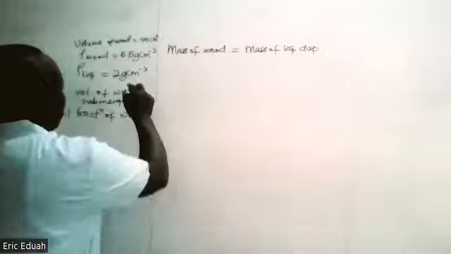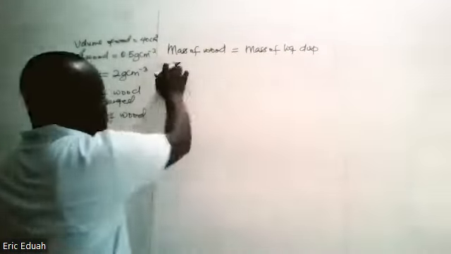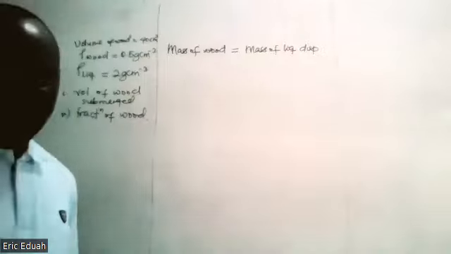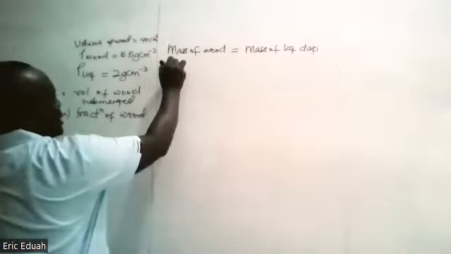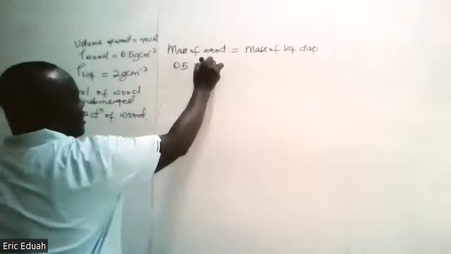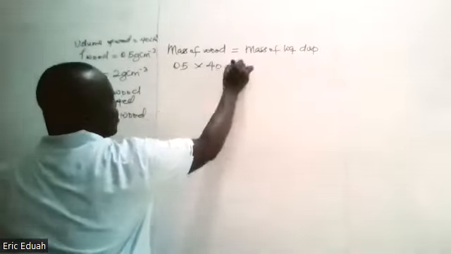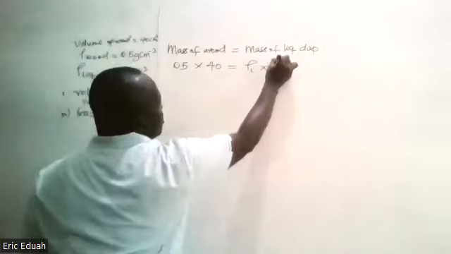Over here, we were given the volume of the wood and the density of the wood, and so this can help us determine the mass of the wood. So mass of wood becomes 0.5 times 40, which is equal to the density of the liquid times the volume of liquid displaced.